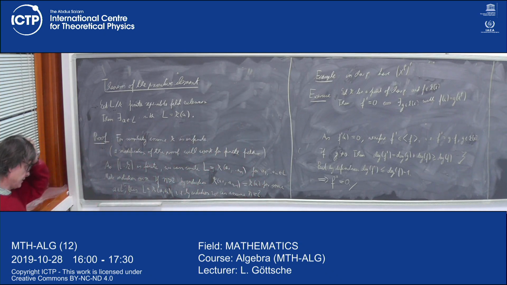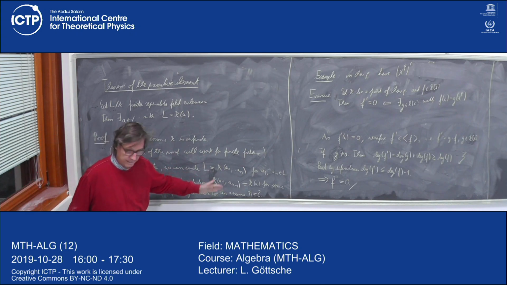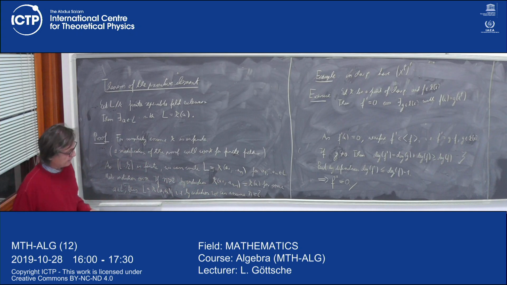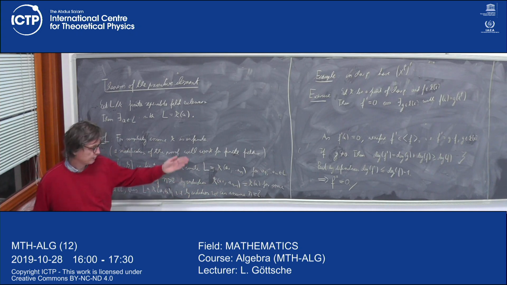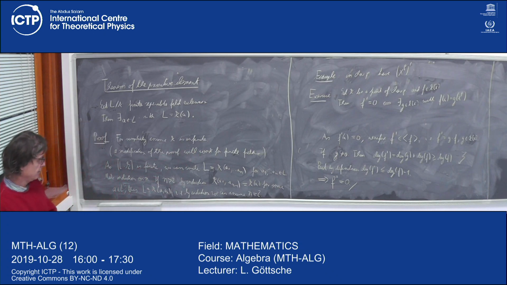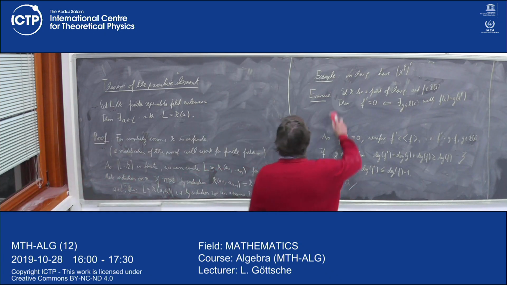If there are more than 2, we can apply induction to make it less. In other words, if we can show it for 2 elements, then we can show it for any number of elements. It's also kind of clear. So therefore, we work with this.